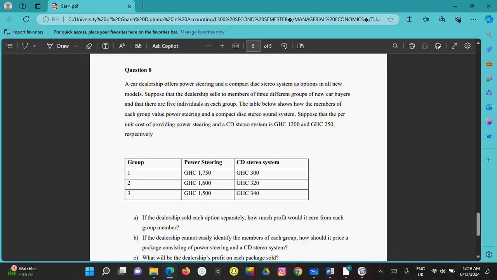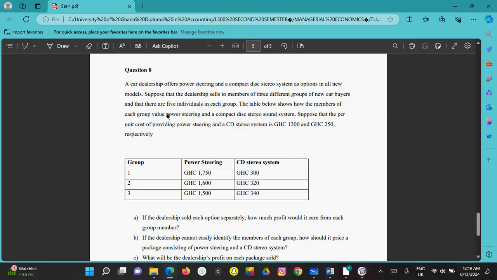The table below shows how the members of each group value power steering and a compact disc stereo sound. So suppose that the unit cost of providing power steering system is 1,200, and the CD stereo 250 respectively.